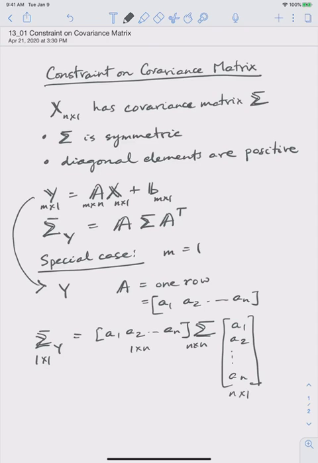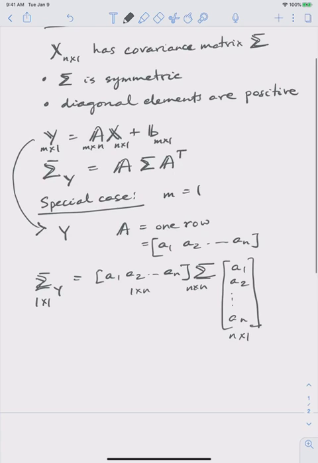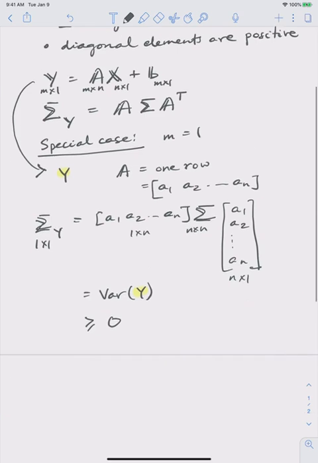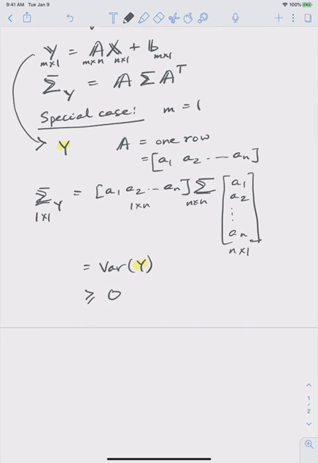But what number is it? It is a very well-known number. It is the variance of the random variable y. And therefore, it is non-negative. And so what we have shown is that if you take any n vector A, there were no constraints on A at all, other than it was just one row.